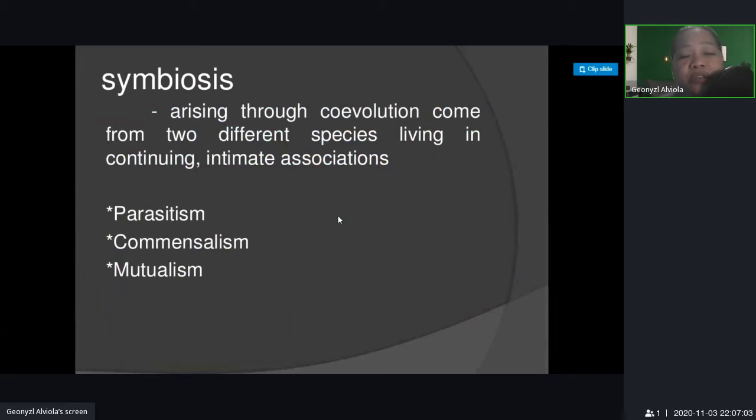The host receives nothing beneficial from the parasite, but the parasite extracts the nutrients from the host, so it gets the benefit.